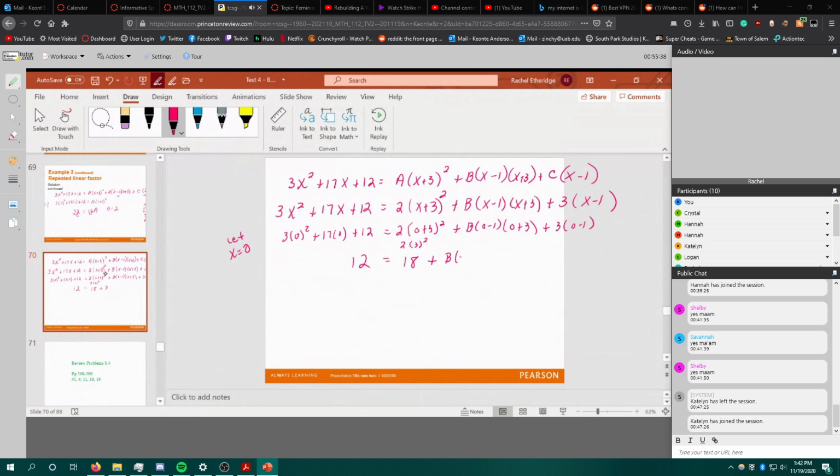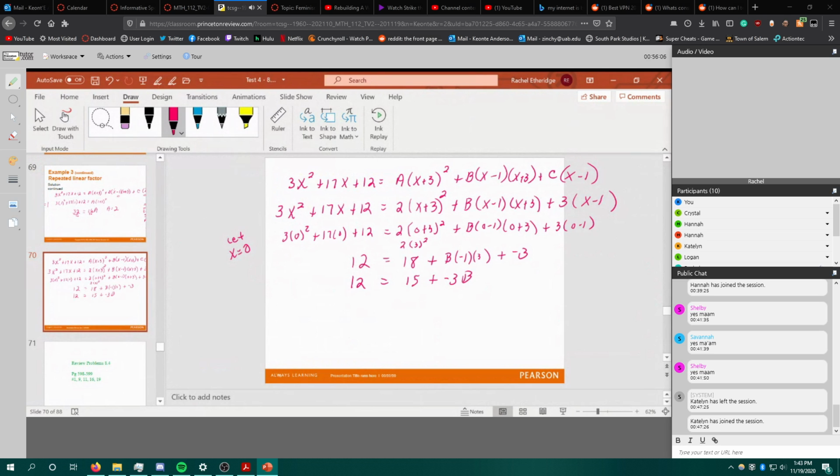Plus b times -1 times 3, so -1, 3 there. And that's going to be plus 3 times -1 is -3. So 18 minus 3 is 15. And I get -3b there.